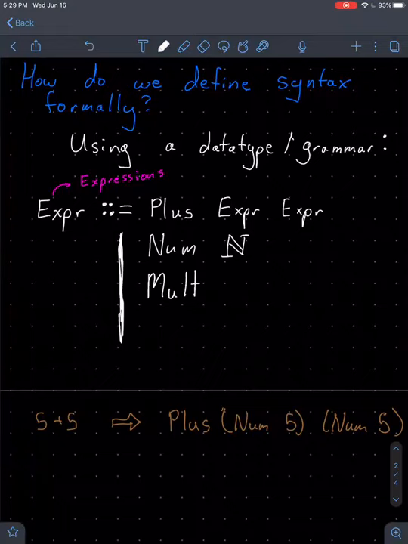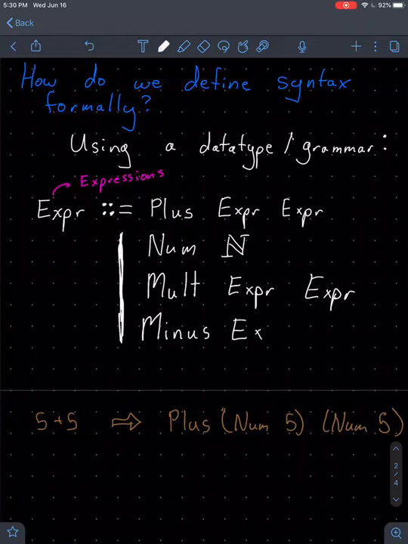Yeah, 2 more expressions. What else? Minus. What should minus take? Yeah, two more expressions. And we'll leave the language alone here. So we've defined the form of all these expressions now.